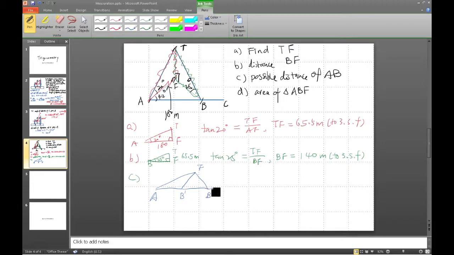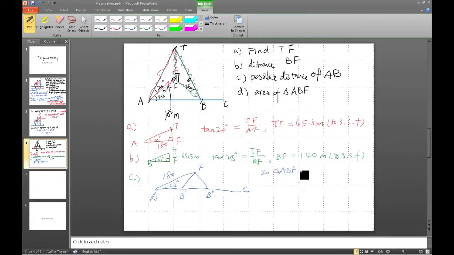Another scenario can be AFB prime prime. Because the question never says what is the distance of AB, and we cannot just assume that. Therefore, I have already drawn the diagram and labelled the data we are given.